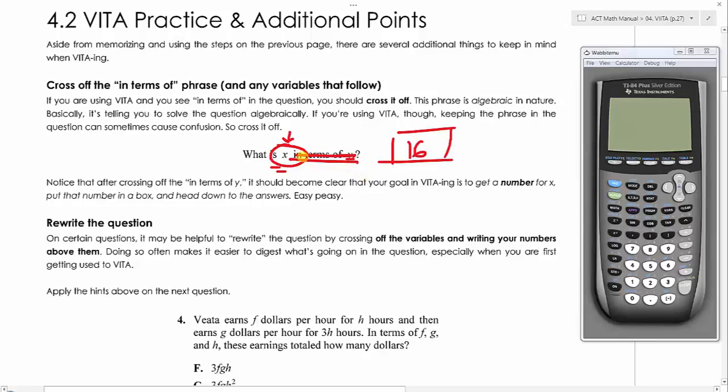And unfortunately for some students, if they leave the phrase in, they get a little bit confused as to what it means and what they're looking for. So again, to avoid that confusion, to make things a little bit simpler, just cross off the "in terms of" and the variable that follows and just focus on basically what comes before the "in terms of" phrase. Here it's X. If we solve for X and we get X equals 16, then that's what we box.